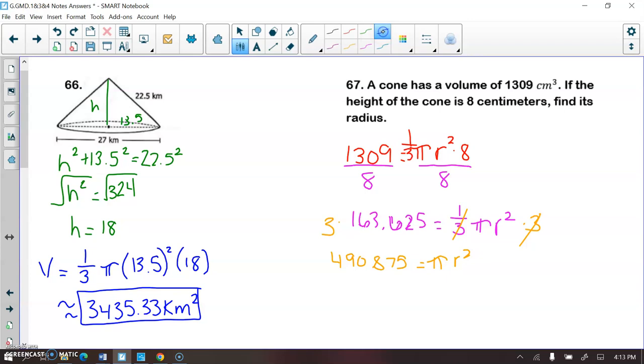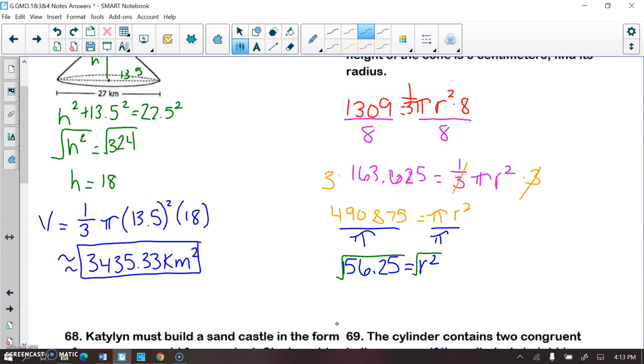Now let's divide by that pi. I wind up with approximately 156.25 is equal to r squared. So to find r, I need to take the square root of both sides. I wind up with r being approximately equal to 12.5 centimeters.